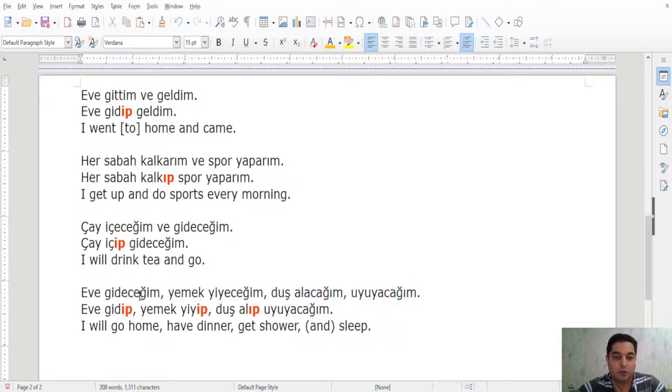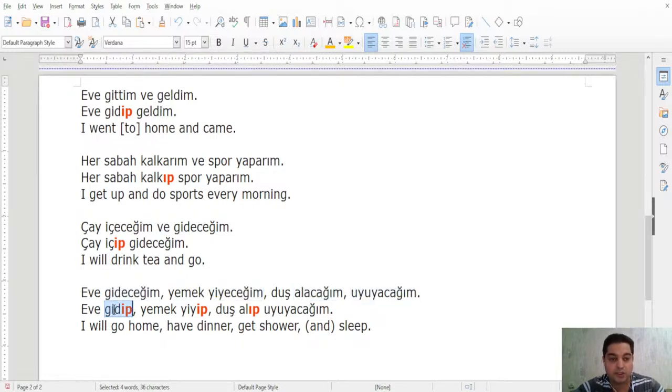So how do you combine all this? You have how many verbs? They are all in the future tense, right? 1, 2, 3, 4. Gideceğim, yiyeceğim, alacağım, and uyuyacağım. Duş almak is to get a shower. So you have 4 verbs, therefore you can change 3 of them, which precede the last one, right?